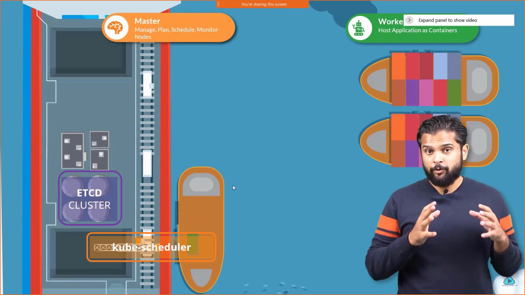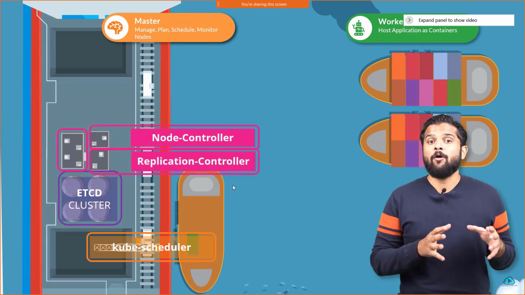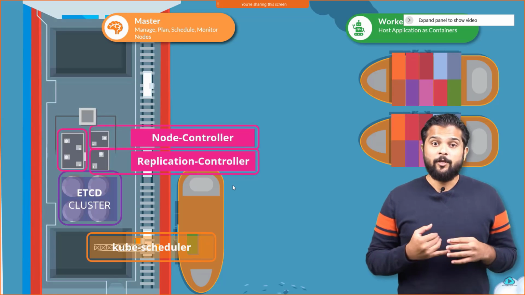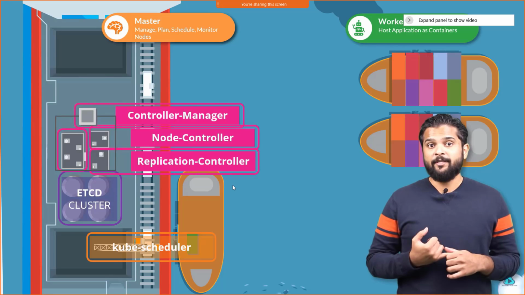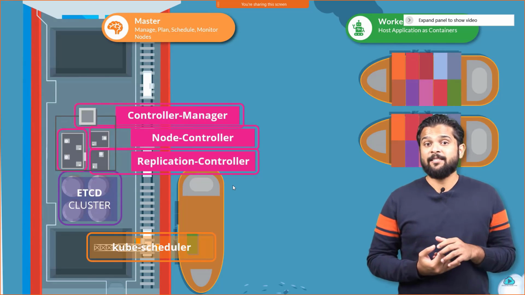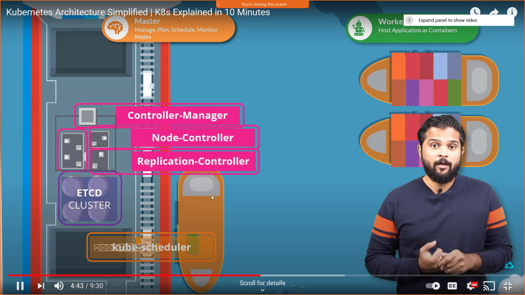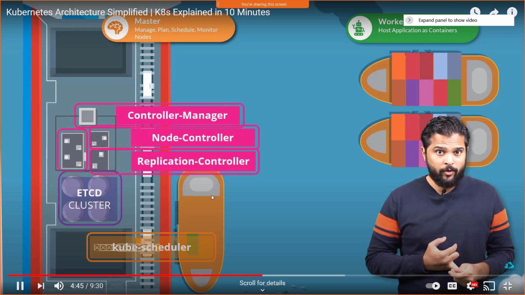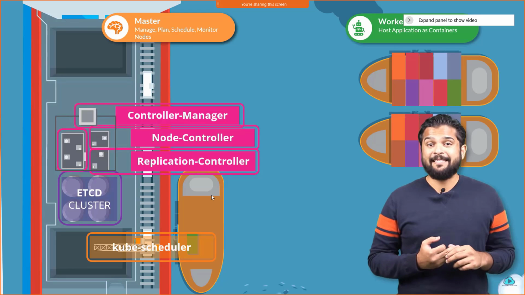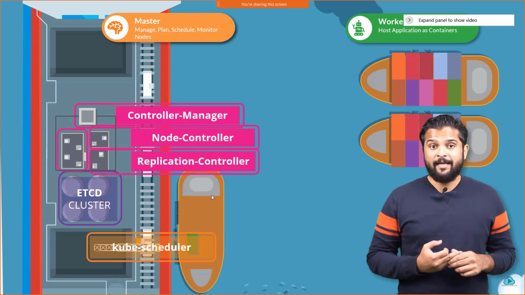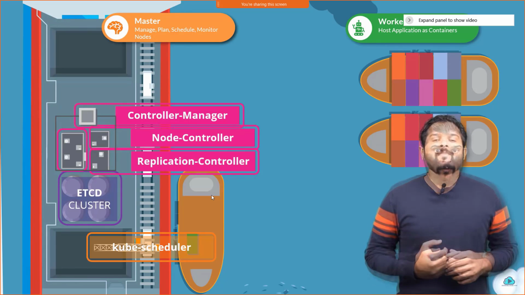Similarly, in Kubernetes, we have controllers available that take care of different areas. The node controller takes care of nodes. They're responsible for onboarding new nodes to the cluster, handling situations where nodes become unavailable or get destroyed, and the replication controller ensures that the desired number of containers are running at all times in a replication group.